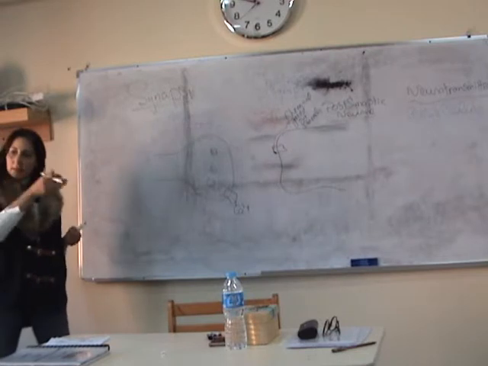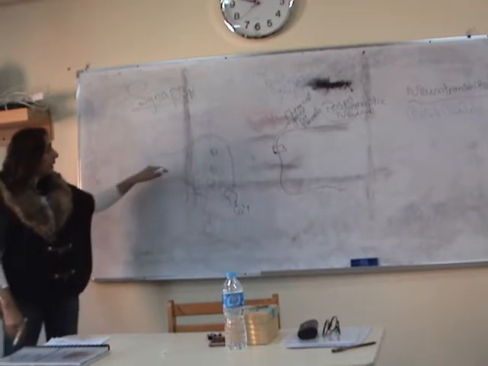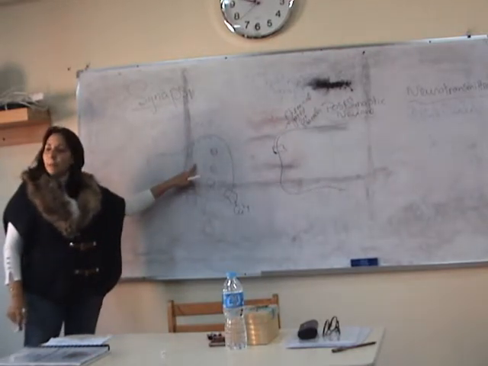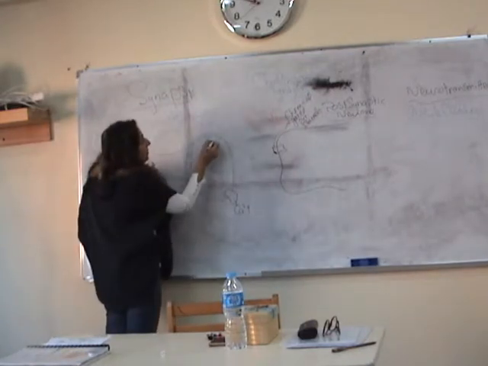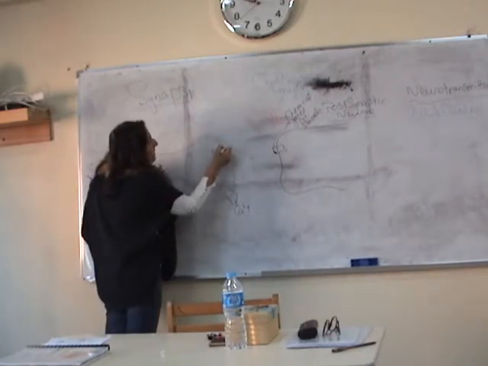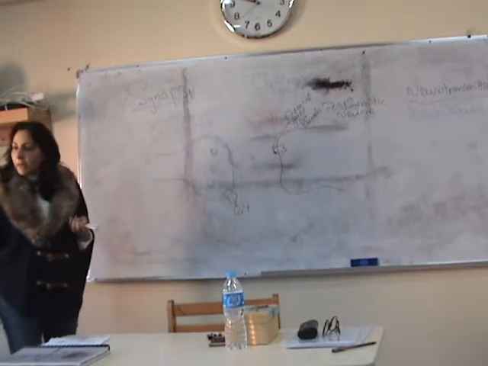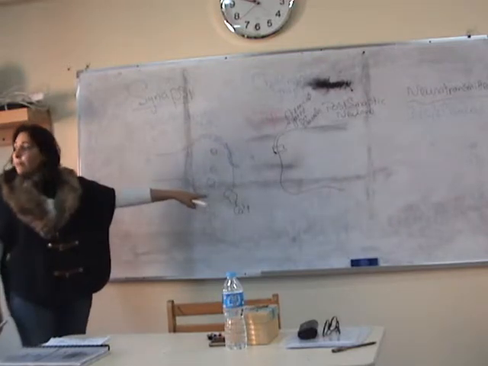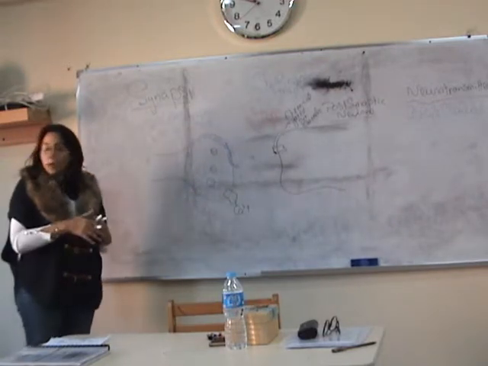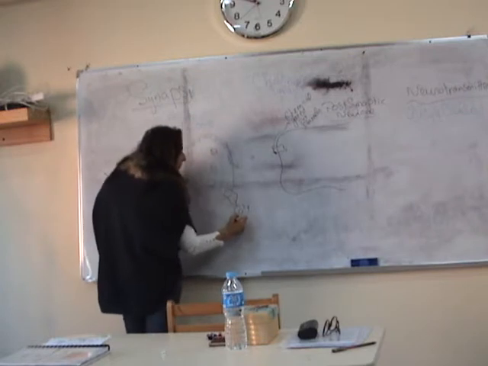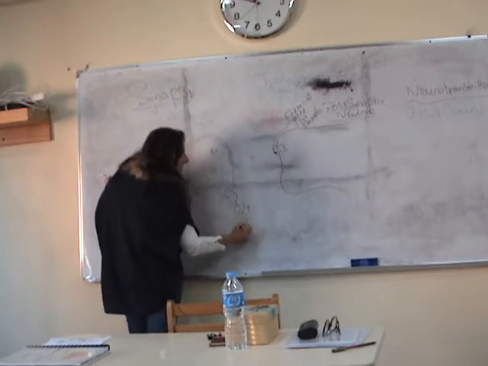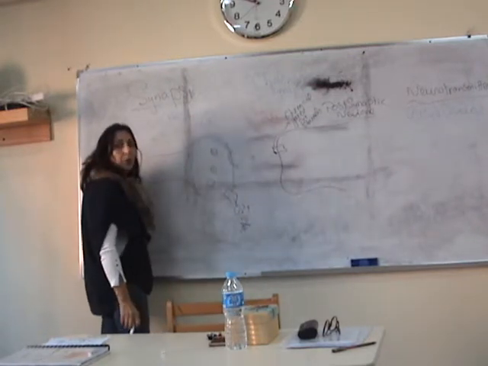It's being transmitted. It's being conducted till it reaches the synaptic knob, and it's going to depolarize the membrane in this area. The depolarization of the presynaptic membrane will stimulate the voltage-gated calcium protein channels to open.